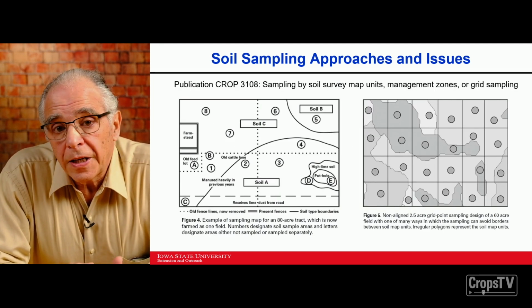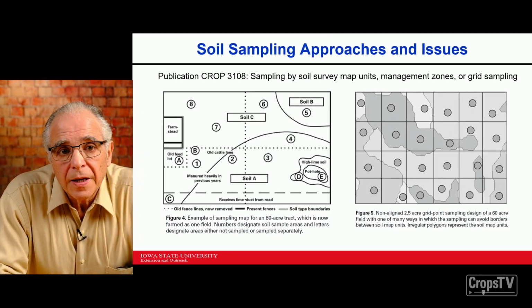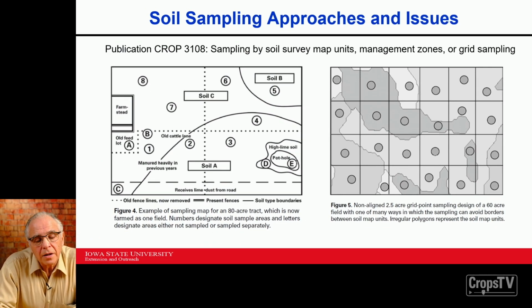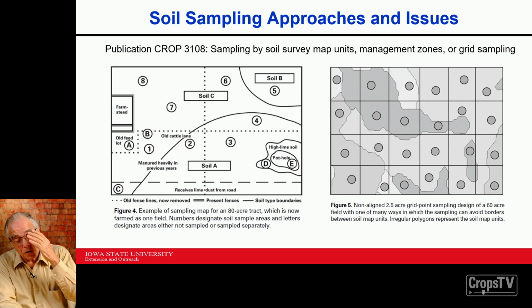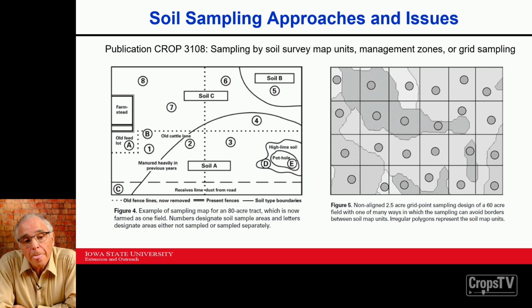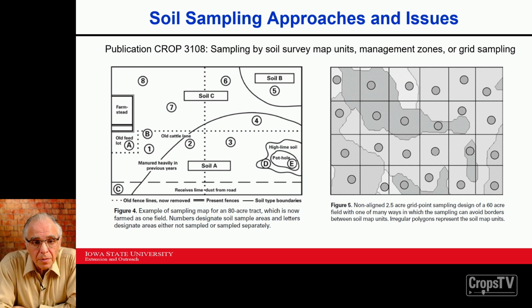Okay, concerning the sampling, these are two graphs that I got from the publication, Crop 3108. Essentially there we discuss sampling, not just for pH and lime, but for P and K. And then we have the sampling by soil type and topography on the left, and an example of grid sampling on the right.